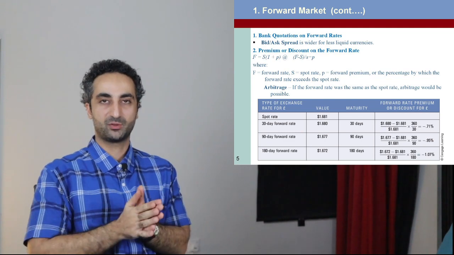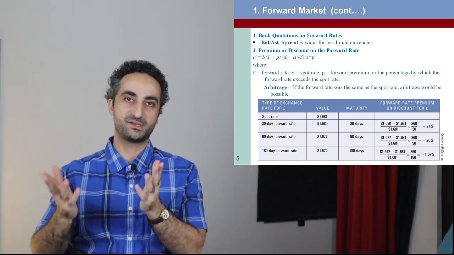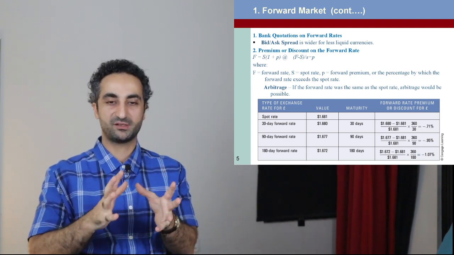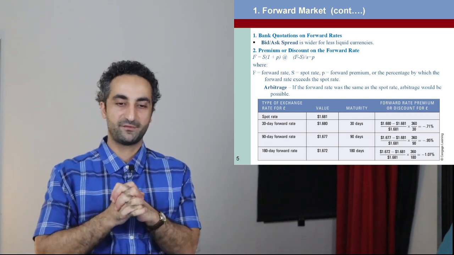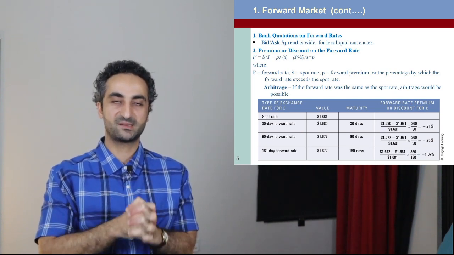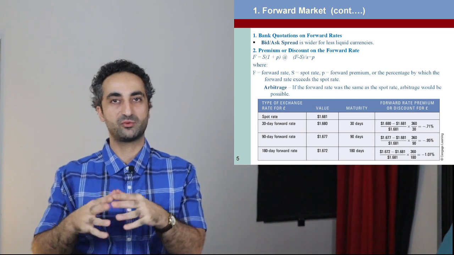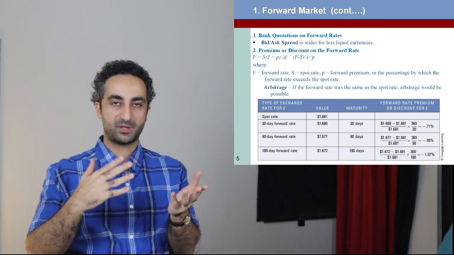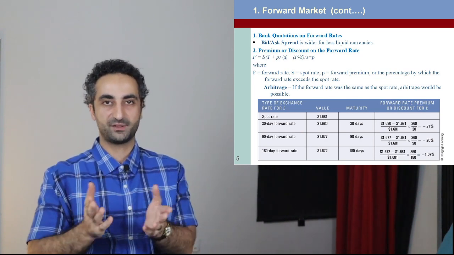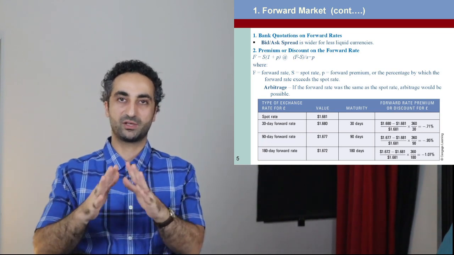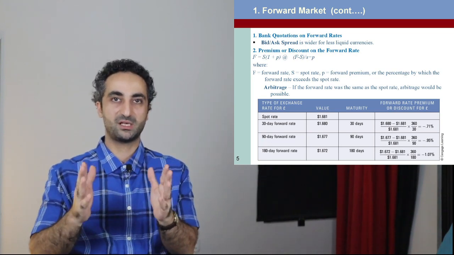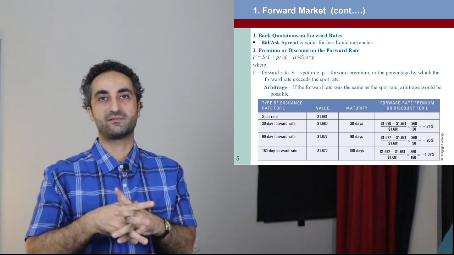Number one, which has been discussed before, now we're going to discuss in the forward contract. First, the bid-ask spread. Remember what we discussed about each currency? The price you buy and sell, there is a different rate. So we calculated the spread to see whether all currencies have the same spread.